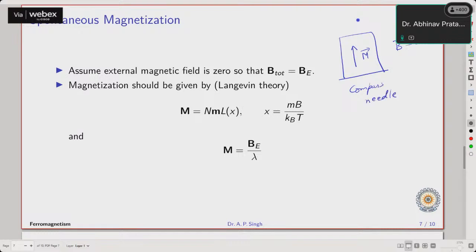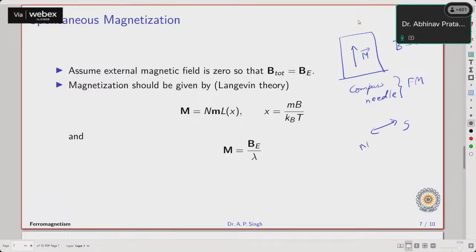What is a compass needle? It is a needle of ferromagnetic material. And why does it point along the north-south direction? Because it retains some magnetization. It has some finite magnetization, even though we have not applied any magnetic field. So that is why it aligns along the north-south direction in the presence of the Earth's magnetic field. All right, so this is called spontaneous magnetization: even though we are not forcing it, it is by itself having some magnetization.